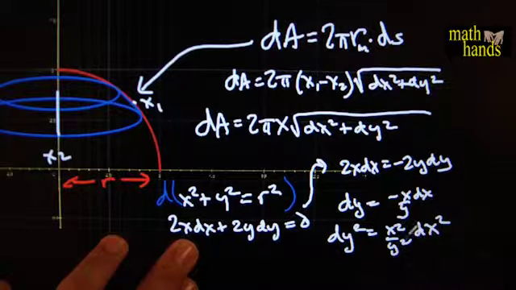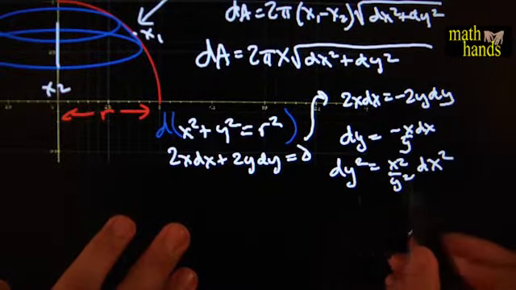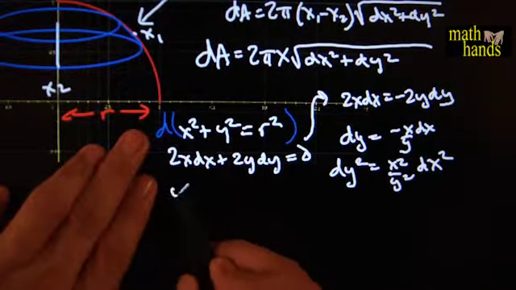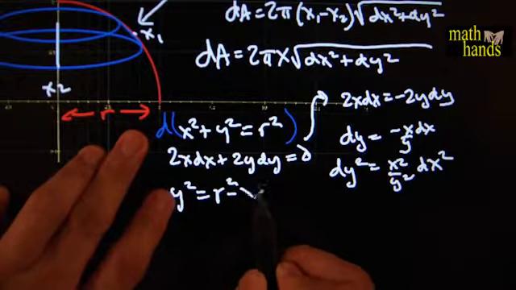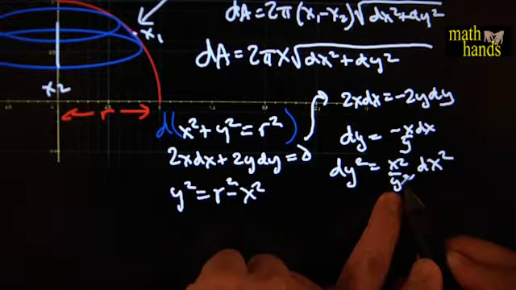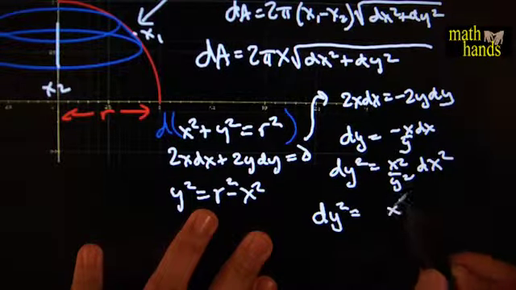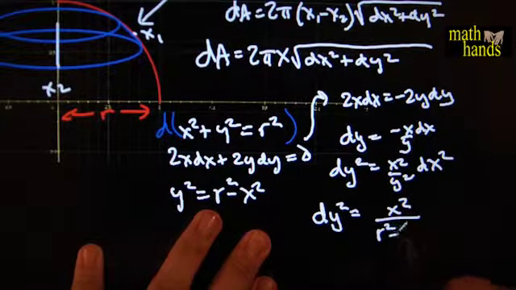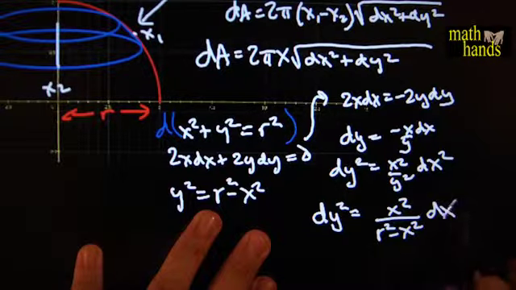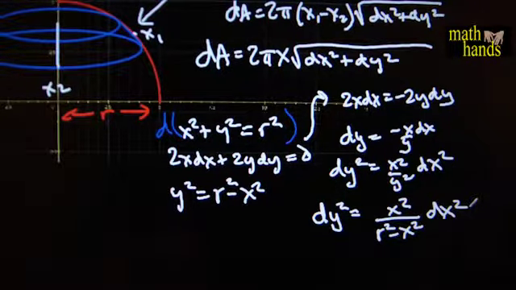But wait, there's more. I got to get rid of those y's anyways. So the y squared over here we said was equal to r squared minus x squared, so I can substitute that in here. So my dy squared is equal to x squared all over r squared minus x squared dx squared. And now it's looking perfect.